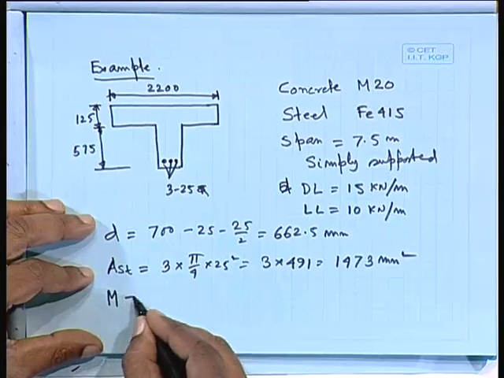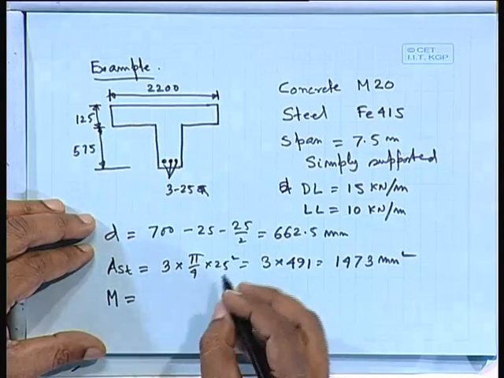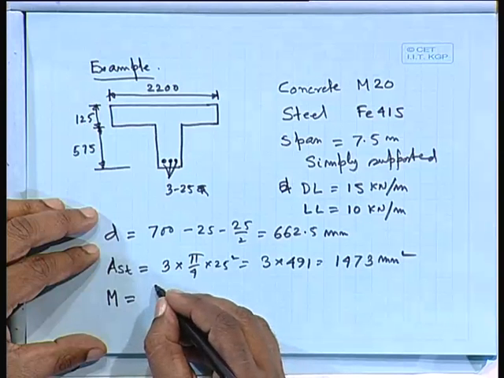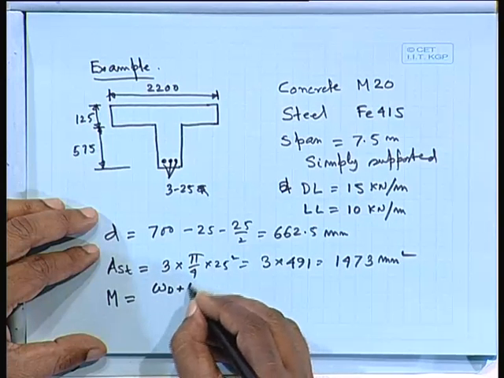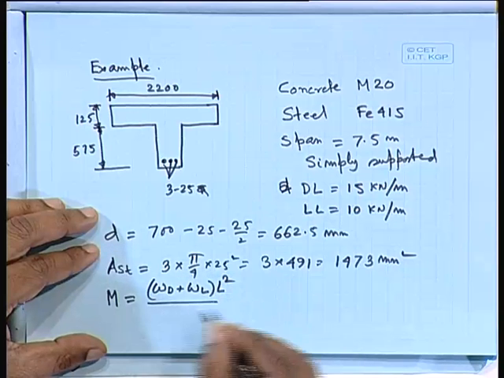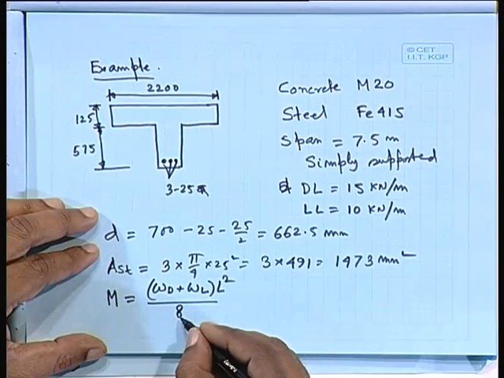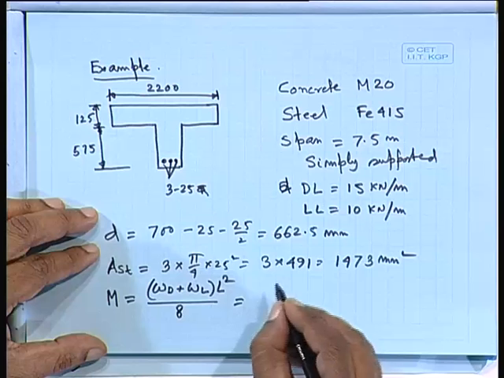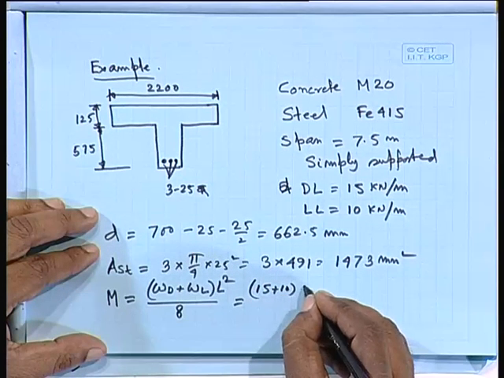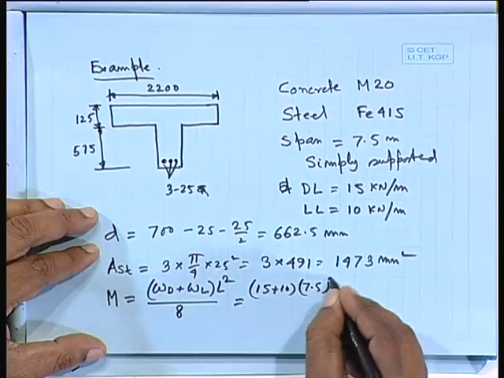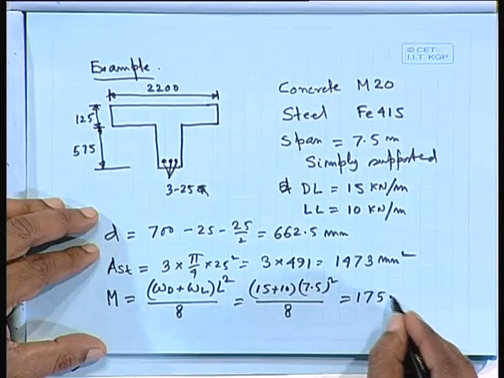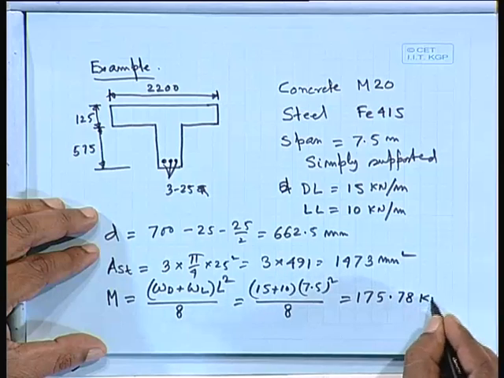M, that is the moment, we are getting it here. So, WD plus WL, that is the maximum moment for the simply supported case, WL square by 8, which comes as 175.78 kilonewton meter.